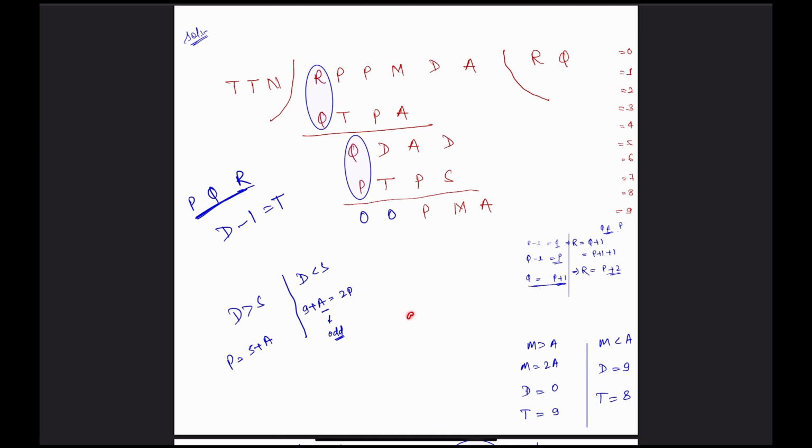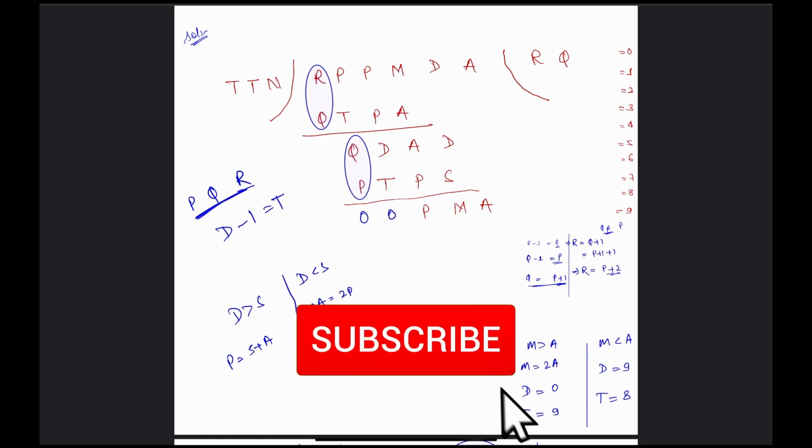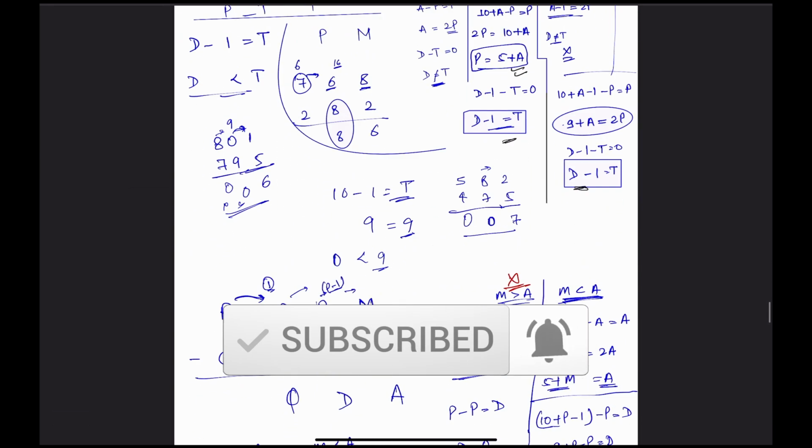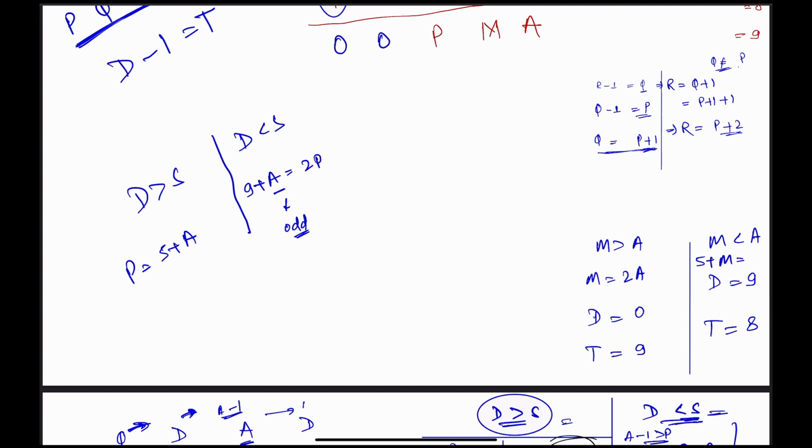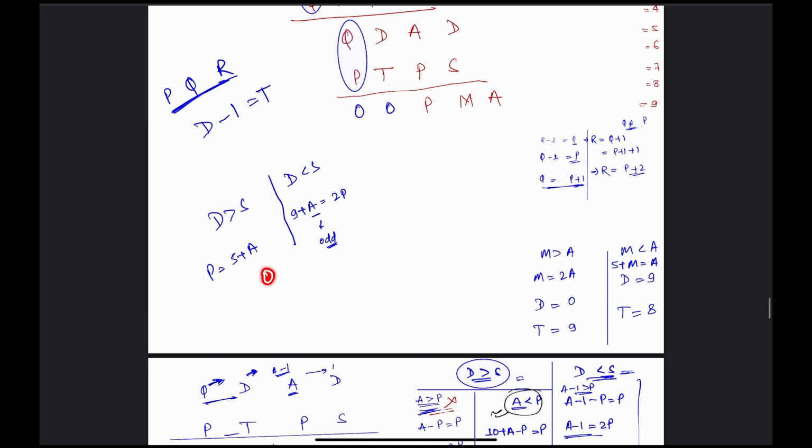If A is taken as 0, P will be 5. And if A is 0, M could be anything. But here, if M is less than, what is the value I got? 5 plus M equal to A. One more thing, no? 5 plus M is equal to A. If A is 0, P will be 5.